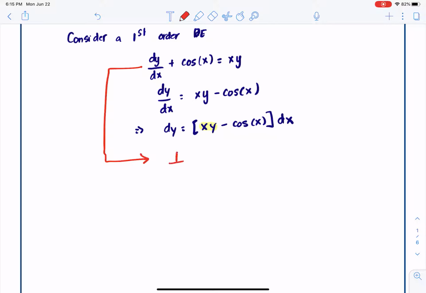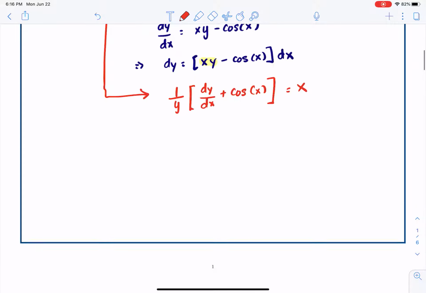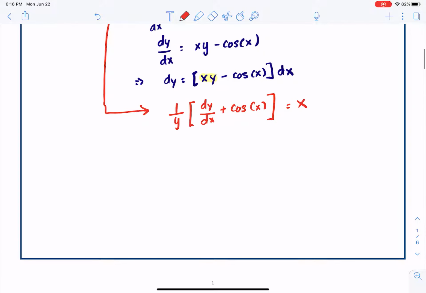If you divide by y on both sides, 1 over y dy over dx plus cosine of x would equal x. And that's not separable either, because we have not separated the x variables and the y variables individually on either side of the equation. So that equation is not separable.